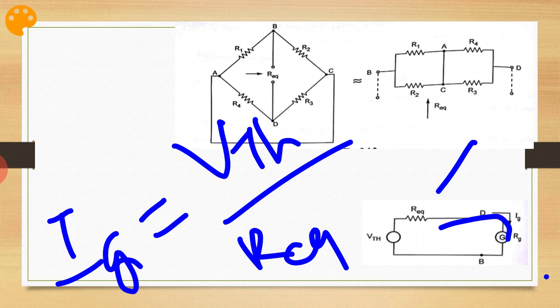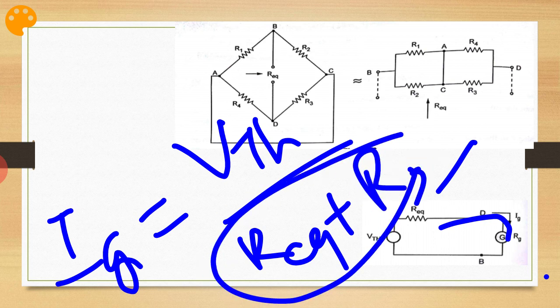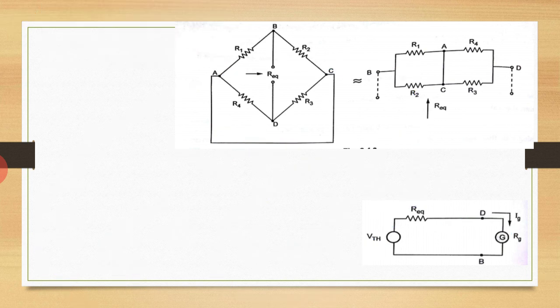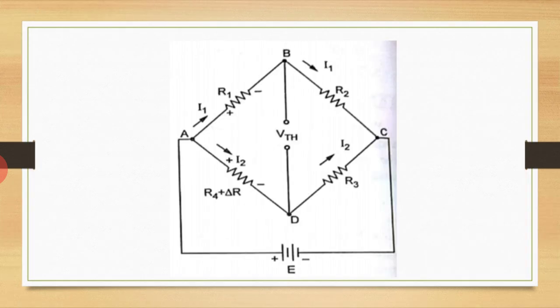The total resistance is nothing but R equivalent plus galvanometer resistance Rg. With this equation, we can find the galvanometer current. So this is the basic circuit diagram.